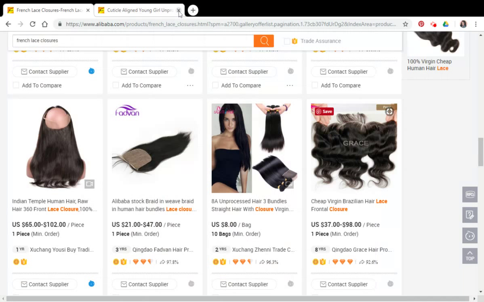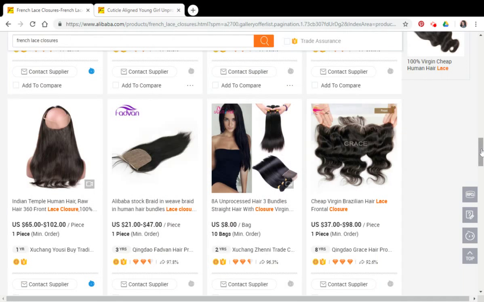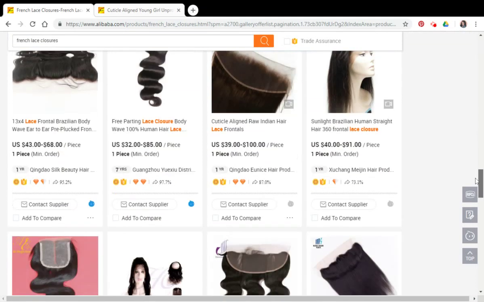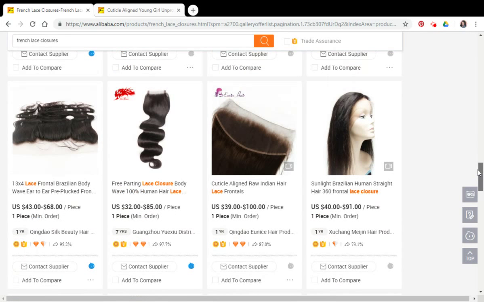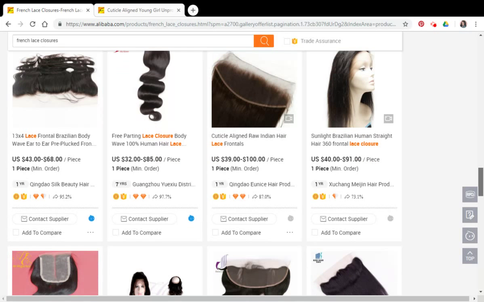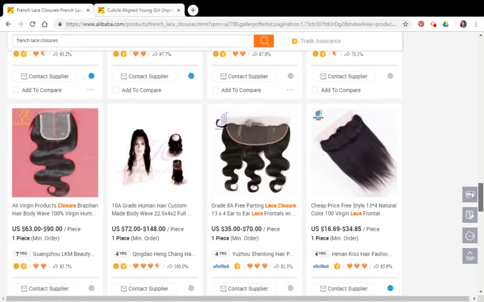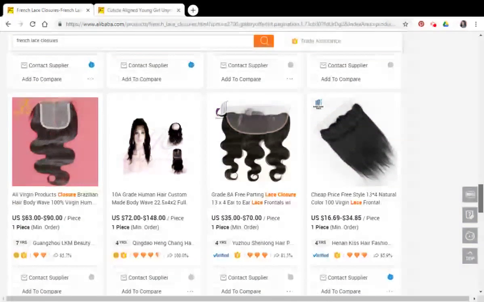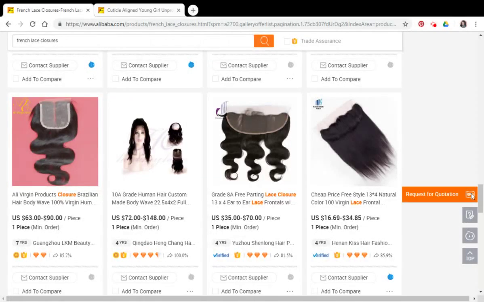So initially, sometimes you have to change up your search criteria. If you don't see, I'm not seeing what I need to see initially.